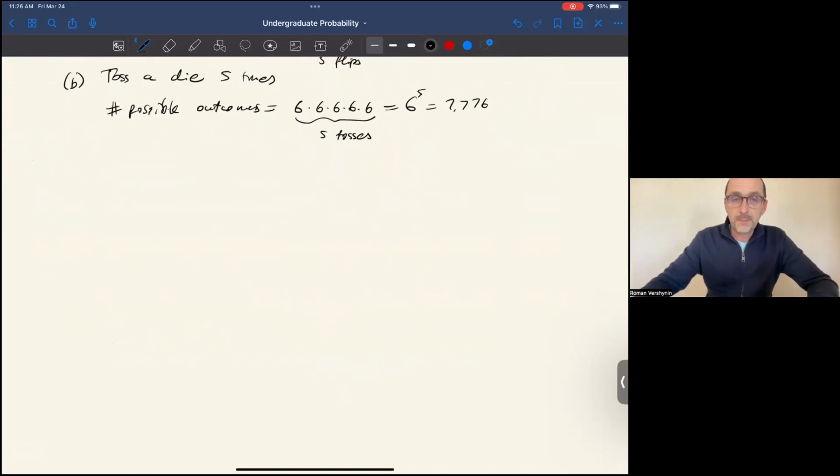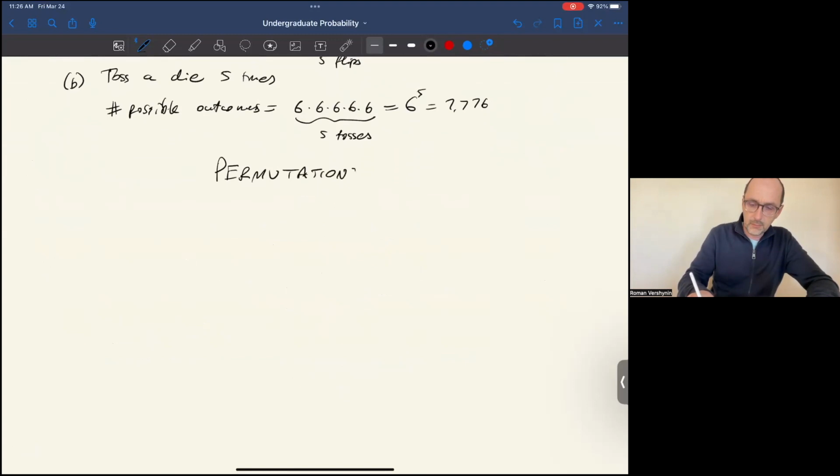Now we came to the first concept of probability or combinatorics in this case, and that is permutations. Let's ask ourselves a question.